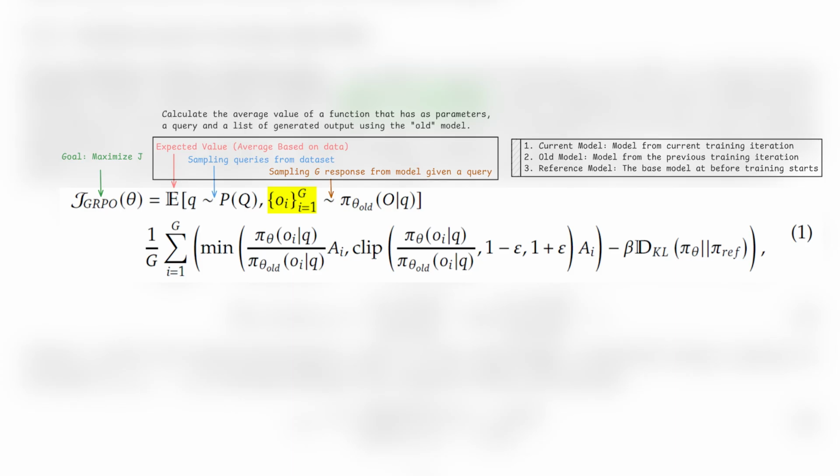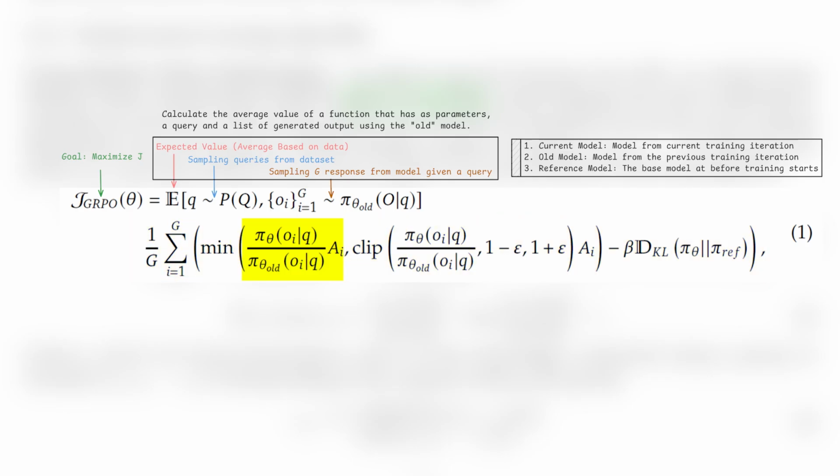And based on the policy we have, the query we sampled, and also the outputs we get, we will calculate some sort of expected value. And we can see beneath it how it's actually calculated. So let's start with the most important part of this expression, which is this ratio.